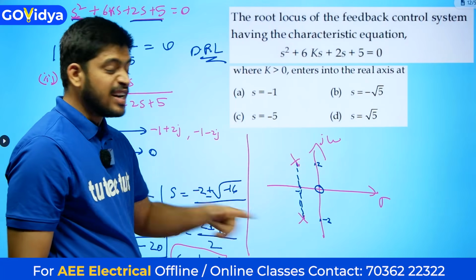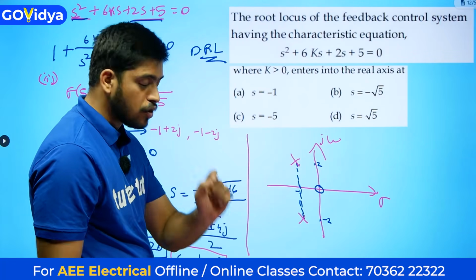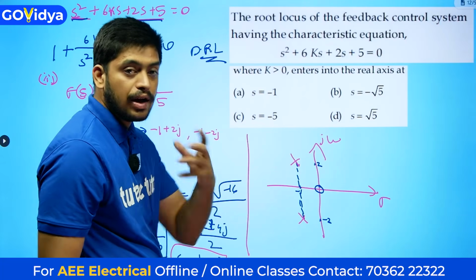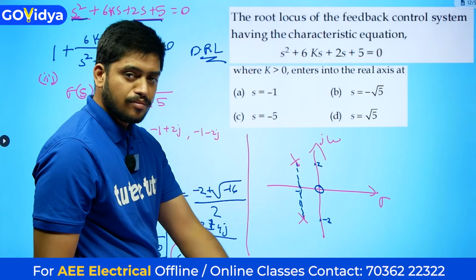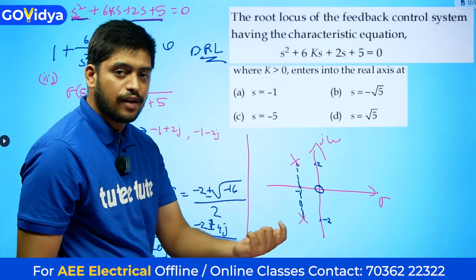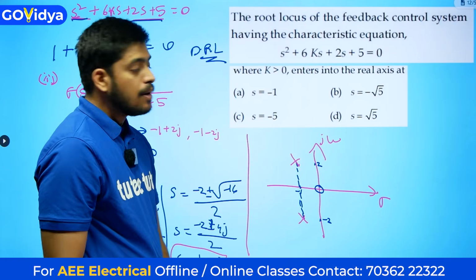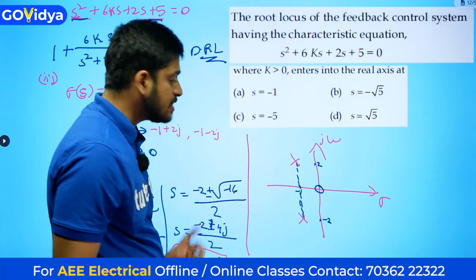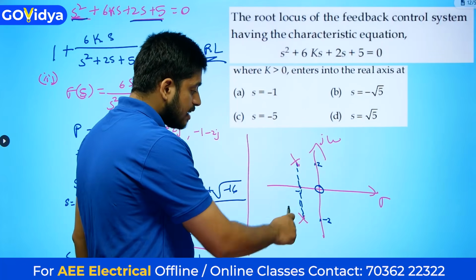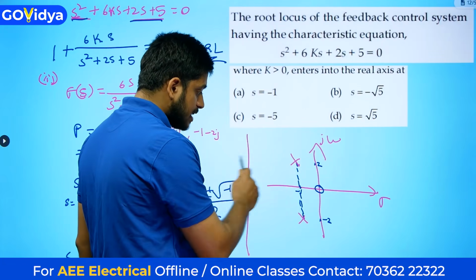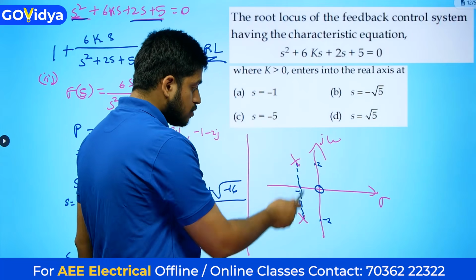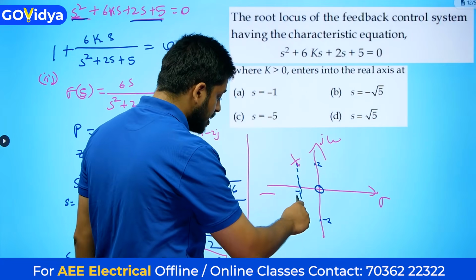Now we will see where my DRL is going to exist. It is the same process for every root locus problem. The required solution would be different, like finding the gain, finding the breakaway point, finding the break-in point, but the process we need to follow would be the same. So let us see where the DRL exists. Seeing from this side of poles, we have 1, 2, 3 poles, so DRL exists here.